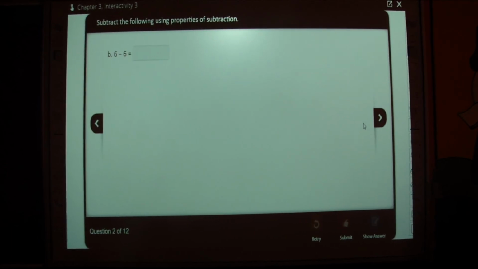The next one, 6 minus 6. 6 minus 6 is equal to 0. It is an itself property.